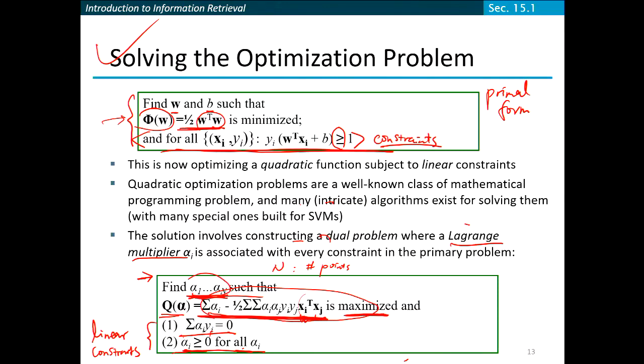And now your variable is not W. Here the variable is a vector of alpha. Each data point gets an alpha i, and those alpha i's are non-negative. Many of them are going to be 0 in the final optimization, and those alpha i strictly greater than 0 give you the support vectors.